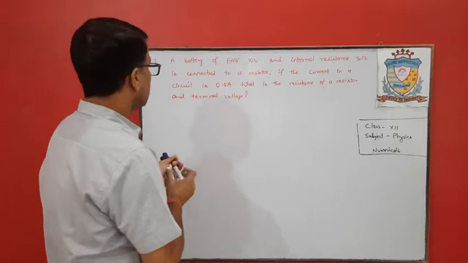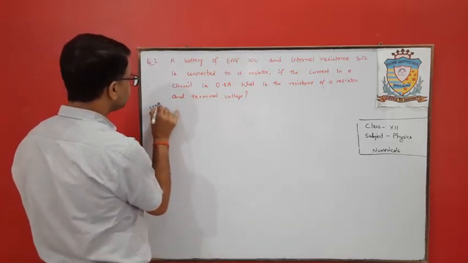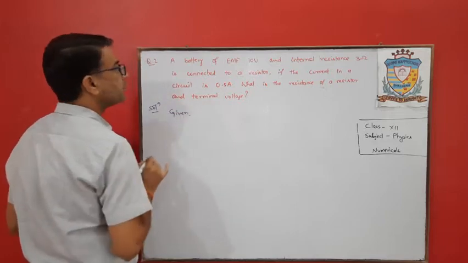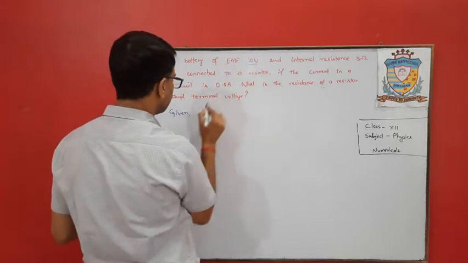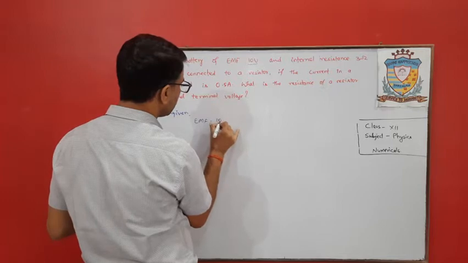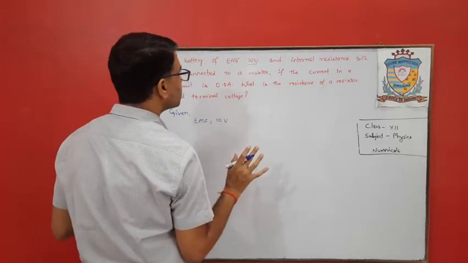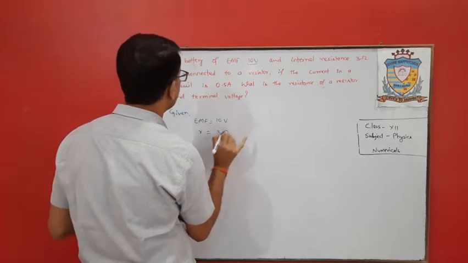Again, first we'll write down the given part. It is given that the battery has EMF 10 volt. So EMF is equal to 10 volt, and internal resistance is 3 ohm. The value of small r is 3 ohm.